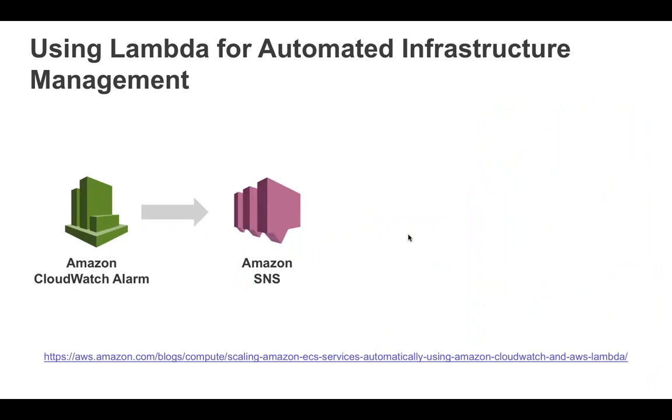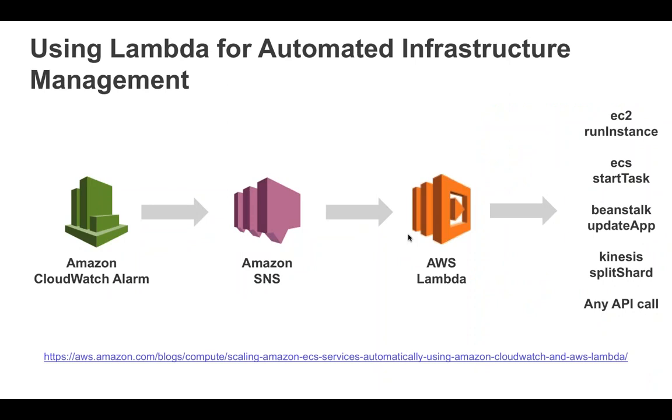You can use Lambda for automated infrastructure management. For example, if you have a CloudWatch alarm, CloudWatch being our monitoring service, you can have notifications that occur as a result of alarms, and those notifications can, of course, cause Lambda functions to run. Maybe you have an alarm that notifies of a server, an EC2 instance, having some sort of fault or needing management.